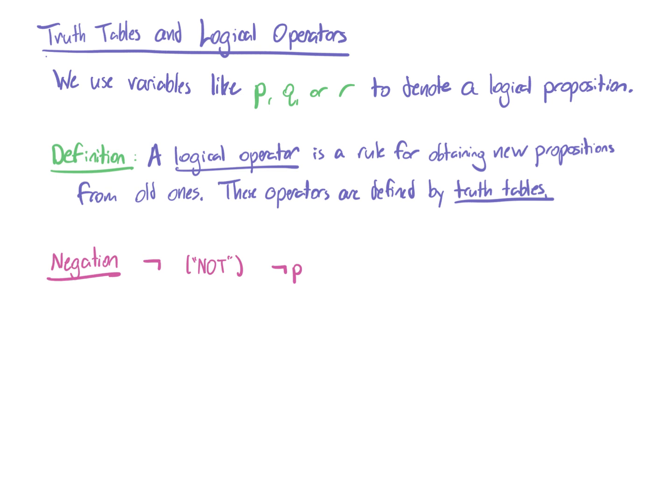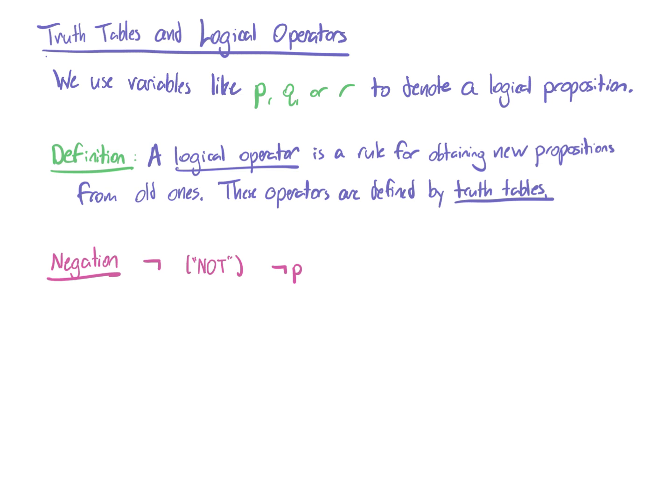So what's a truth table? When we form a truth table, we figure out what the inputs of the operator are, and then we list out all the possible values of those inputs, and then we look at the outputs. So in the case of the negation operator, our input is just one logical expression.